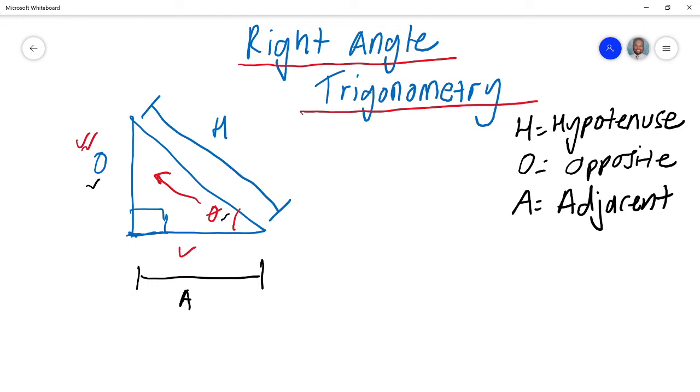Now, we've identified the three sides of a right angle triangle. And just remember, trigonometry is not just about calculating the length, but it's also about calculating your angle, finding the value of your angles. So this is why it's very important to understand what we refer to as trigonometric ratios, or trig ratios. I'll just write it right here.